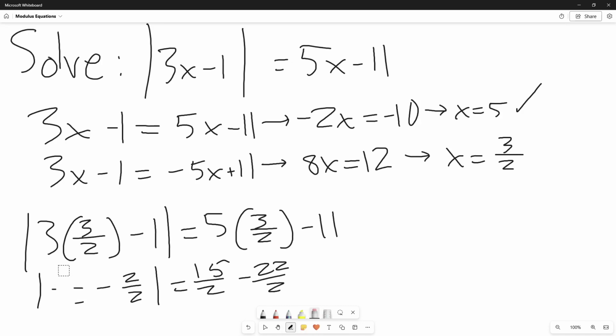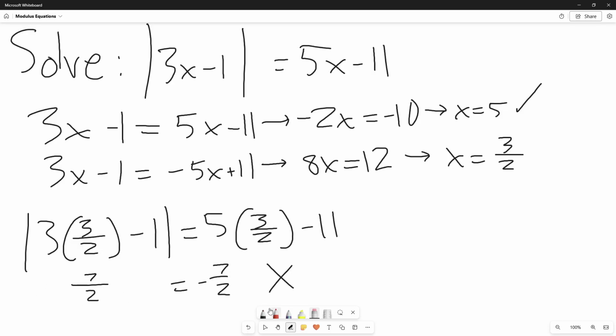And this gets changed into 7 over 2. And this gets changed into negative 7 over 2. So this is not equal because 7 over 2 is not equivalent to negative 7 over 2, which means that x equals 3 over 2 is not a solution, and x equals 5 is our only solution to this equation.